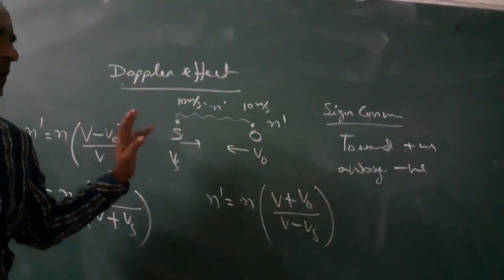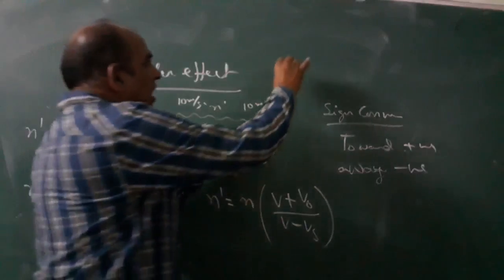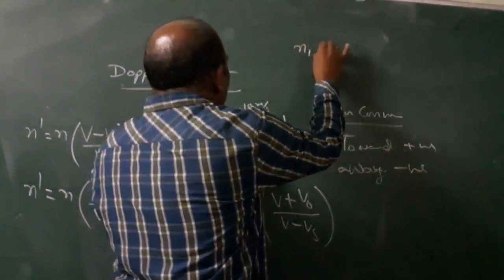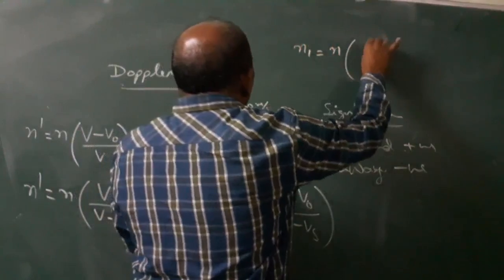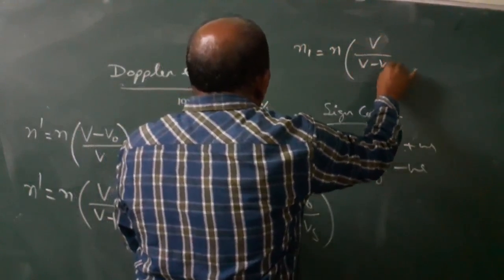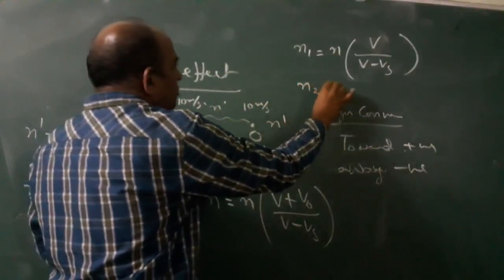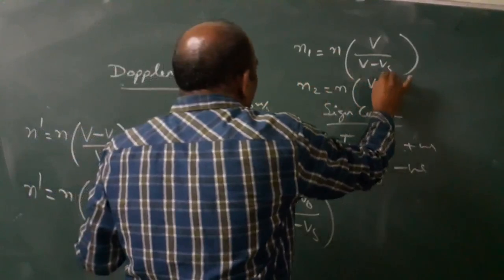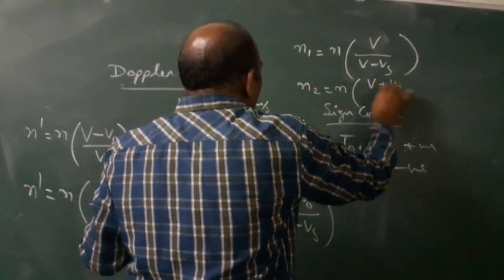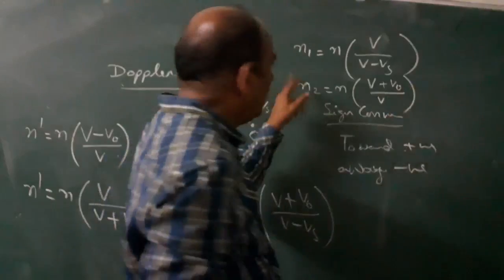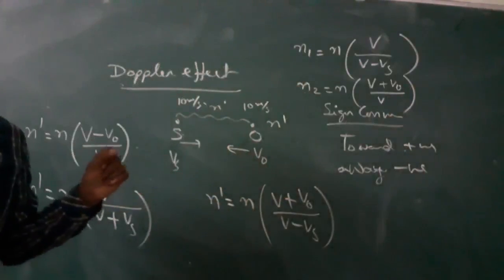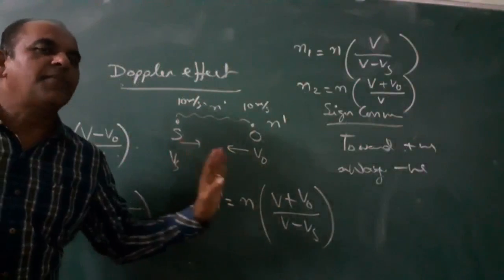When the source approaches a stationary observer, n1 is equal to n into v by (v minus vs). When the observer approaches the stationary source, n2 is equal to n into (v plus vo) by v. That's why you get different frequencies, and why the Doppler effect in sound is asymmetric.